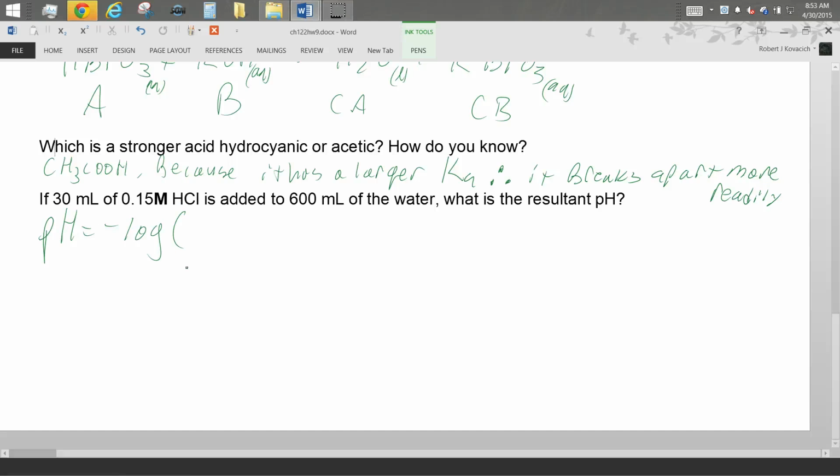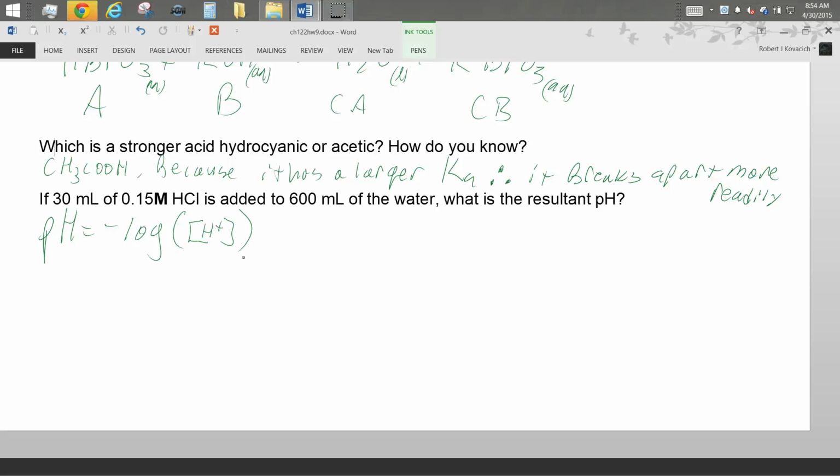Concentration. Concentration in moles per liter of hydrogen ion. So what I don't know right now is what its concentration is going to be when I drop it into this water. You okay with that? So what I need are moles and I need liters.